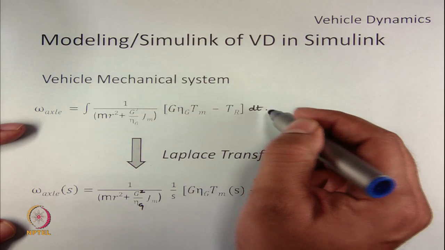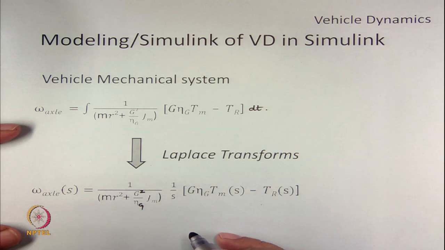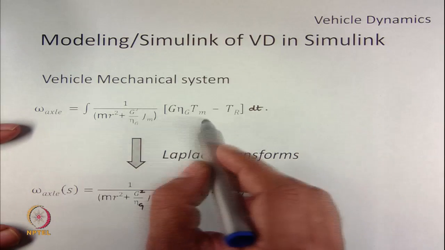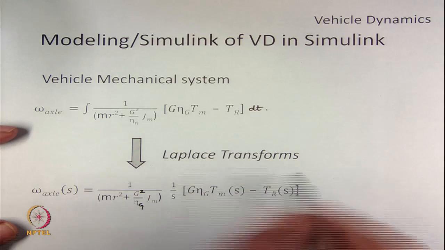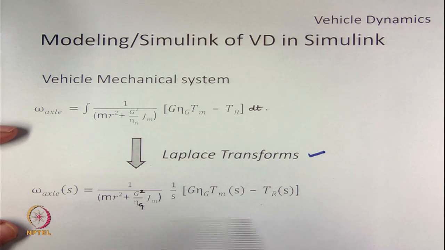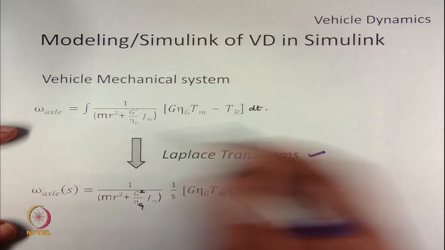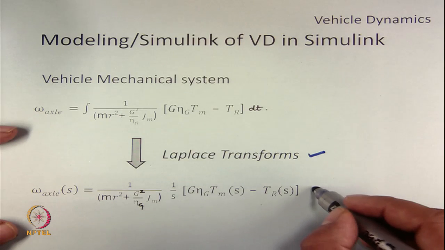So, if we want to get a transfer function in S domain with respect to this time equation, we can do the Laplace transformation and we can get a transfer function with respect to this equation. So, the integration of dt will be 1 by s, and this equation will become.